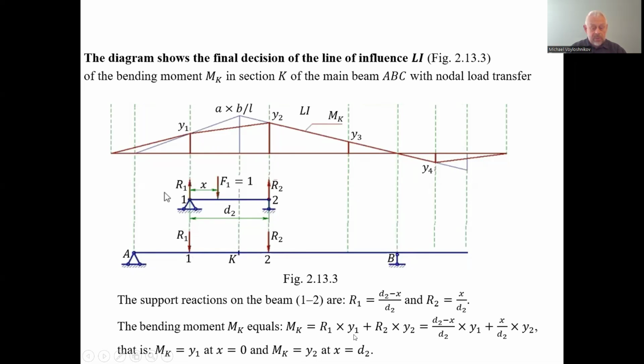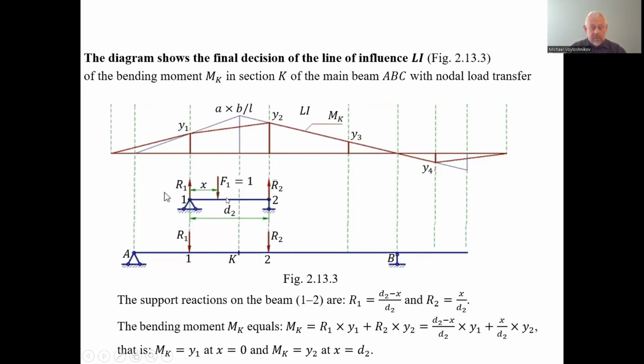So we multiply Y1 by R1, and we have the influence on the moment K from the force, if we assume force R1 located in the point 1. Exactly, the force R2 from the second support of the auxiliary beam of the panel when it is loaded by the unit force acts on the point 2.